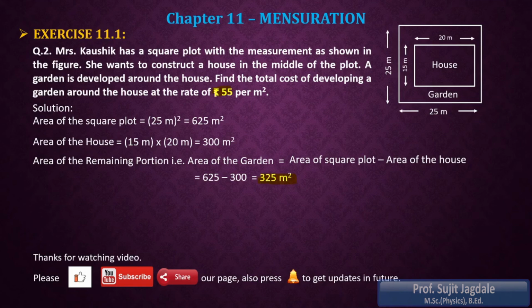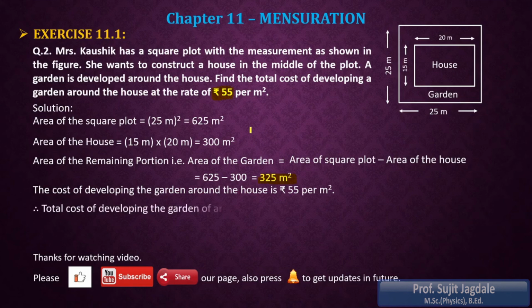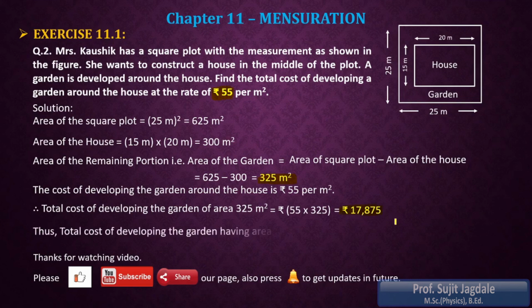The cost is given as rupees 55 per meter square. So the total cost to develop that garden will be 325 into 55, and that product will be rupees 17,875, which will be the total cost to develop the garden whose area is 325 meter square.